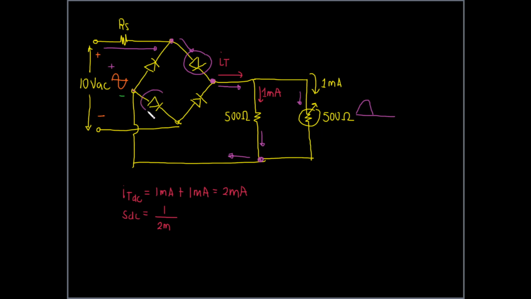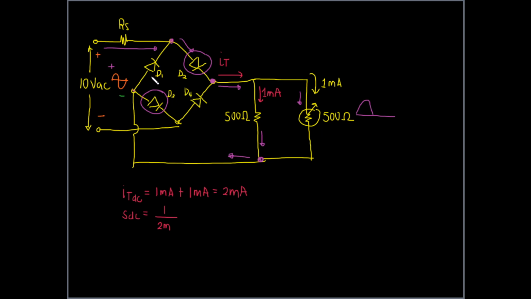So it passed through two diodes. If we name the diodes, say this is diode 1, say this is diode 2, diode 3, and say this is diode 4.